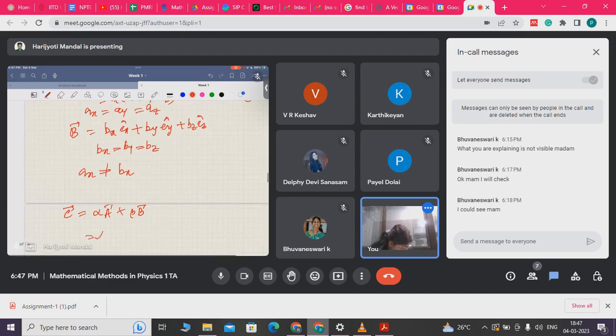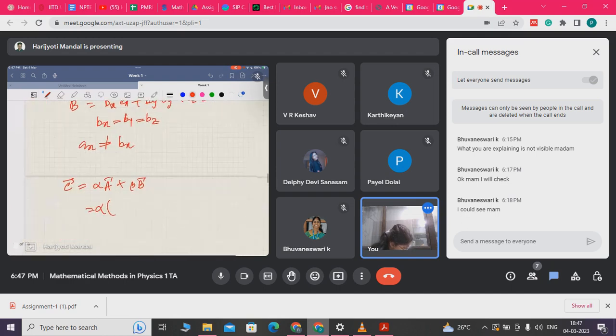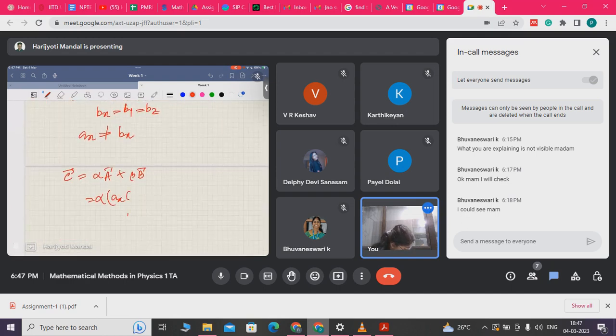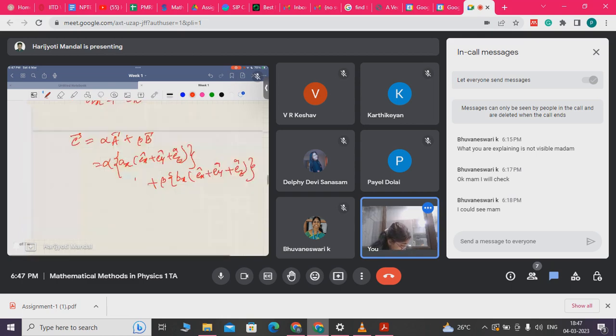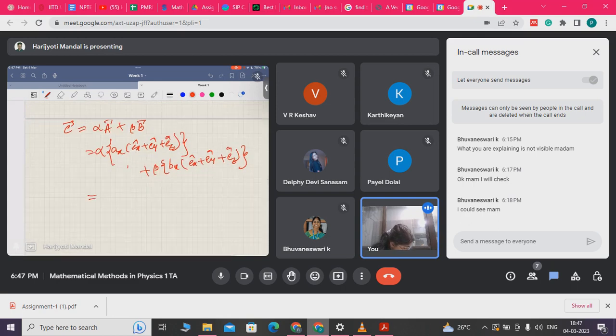So again, C is equal to alpha A plus beta B, which will give us alpha into ax (ex plus ey plus ez) plus beta bx (ex plus ey plus ez).